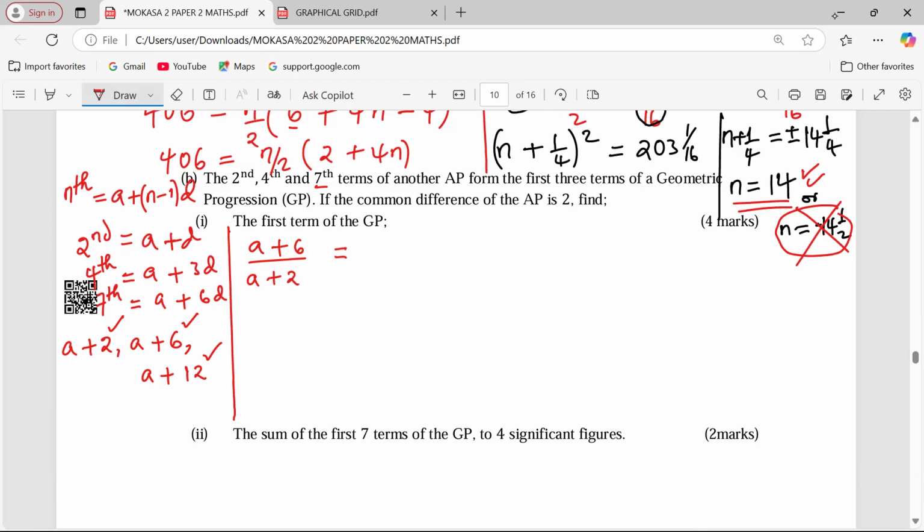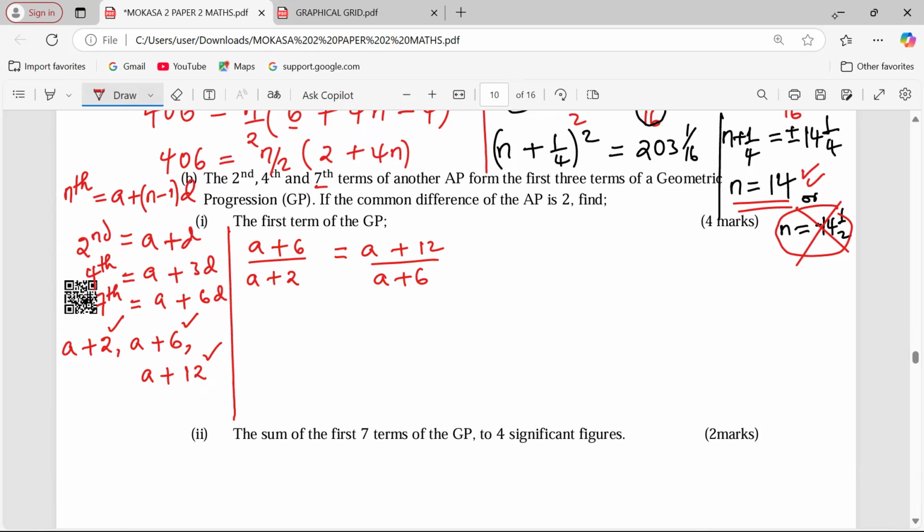And this ratio is also the same as when we take the third and we divide by the second. So that's what you're supposed to know. In a GP, there is a common ratio.